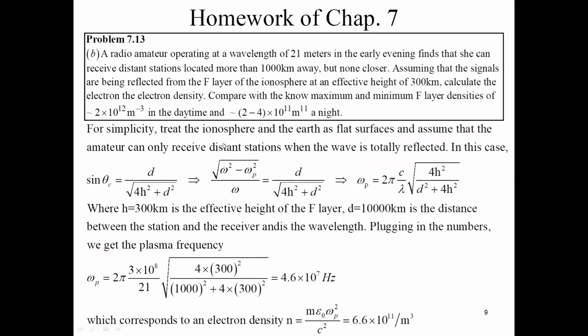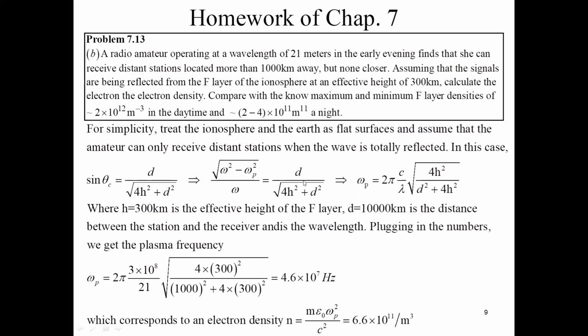And part B is the practical problem of part A. We just use the geometry relation, and we can get sine theta c equals d over the square root of 4 times h squared plus d squared.